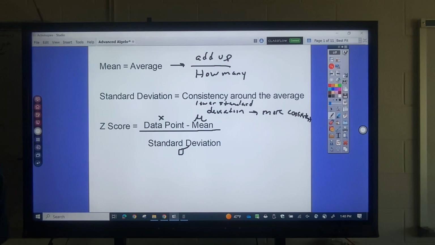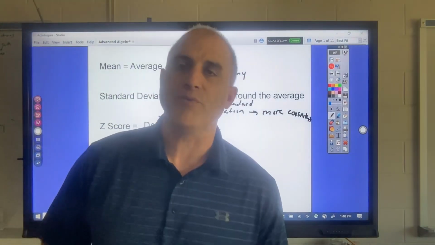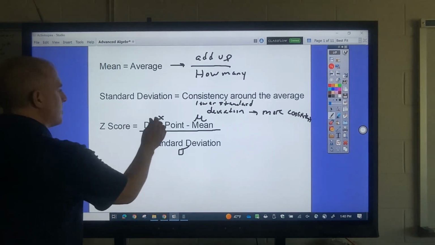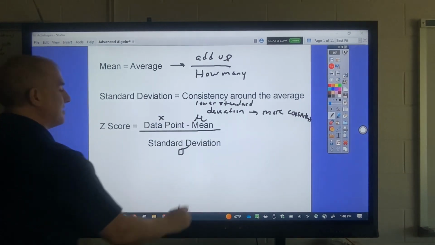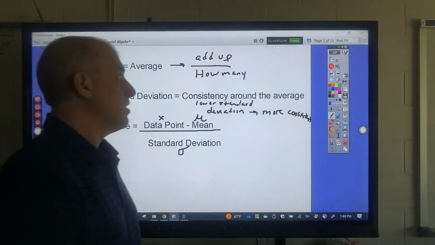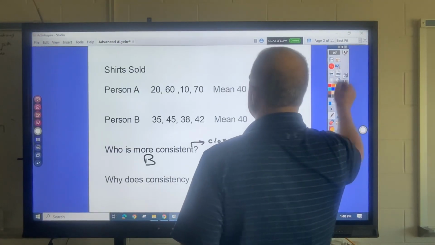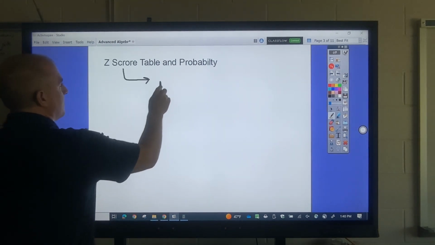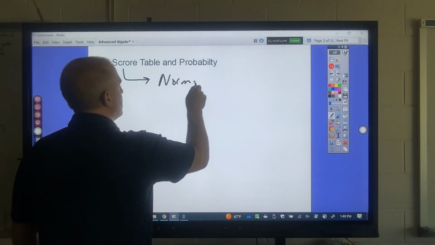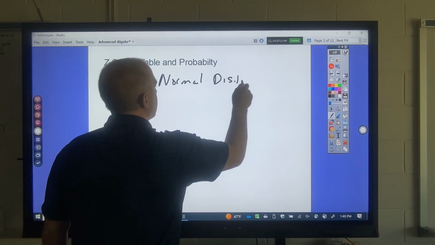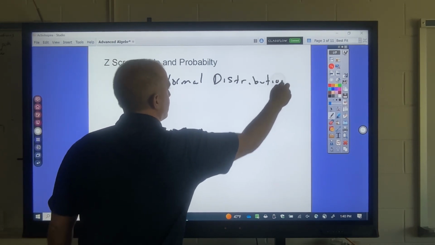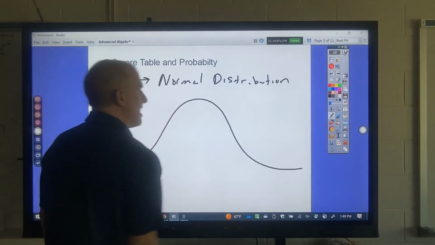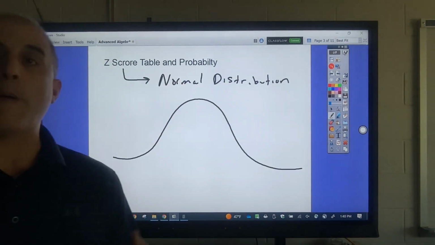Now, what you can also do is use something called a z-score. A z-score is whatever your data point is, minus your mean, divided by your standard deviation. Z-scores lead to what is called a normal distribution, and it can help you figure out probability. This normal distribution is what some people call a bell curve.